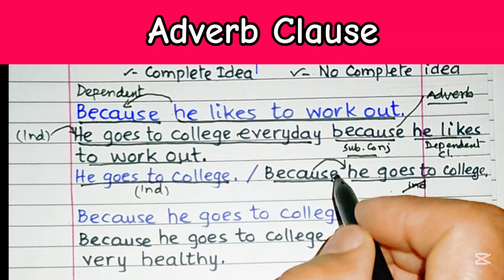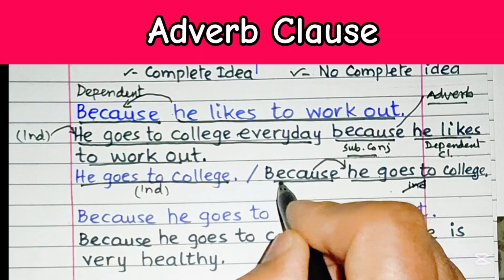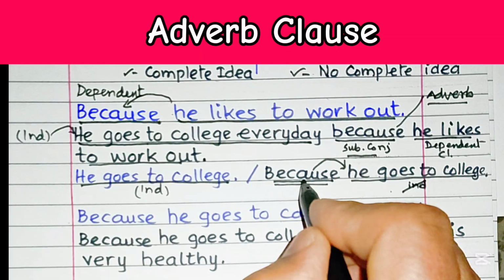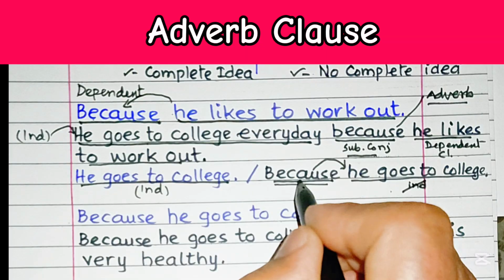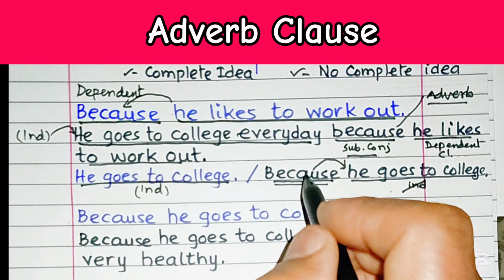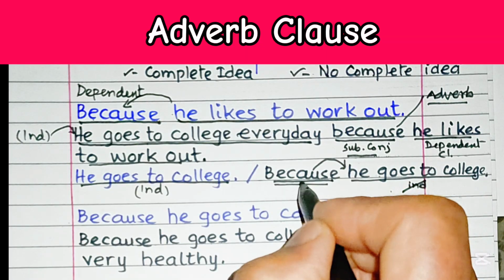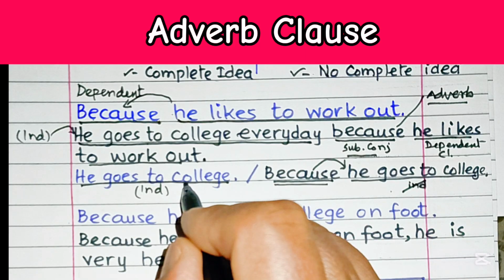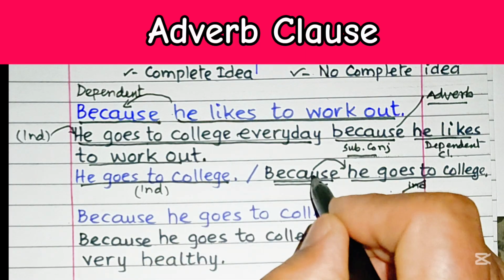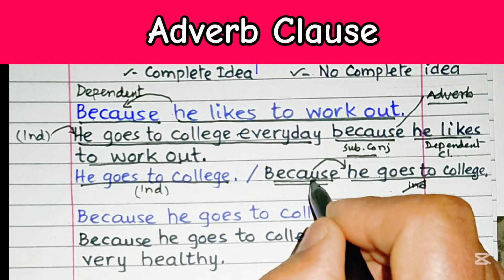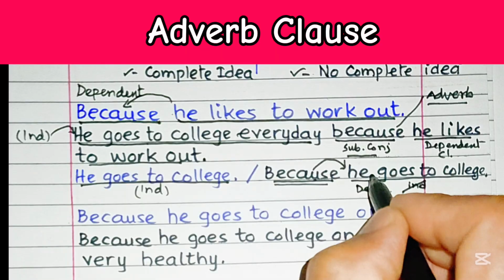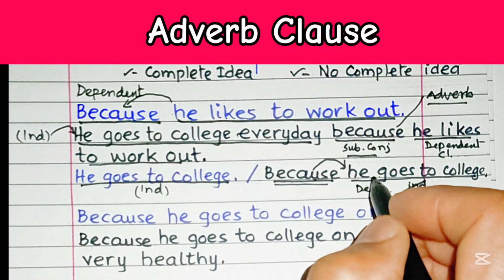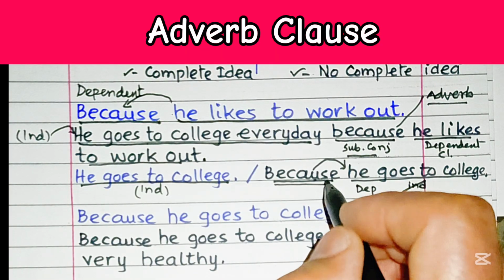This type of word, like "because," is called an adverb or subordinating conjunction. Subordinate just means below. So this is below this. This is independent, and due to this word, the subordinating conjunction in the form of an adverb, it is going to be dependent. It helps make this clause a dependent clause, because subordinate just means below.